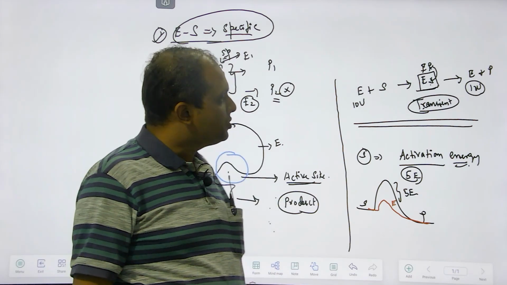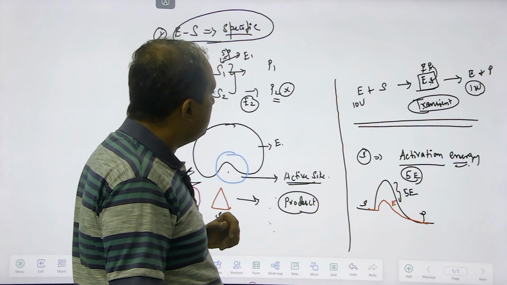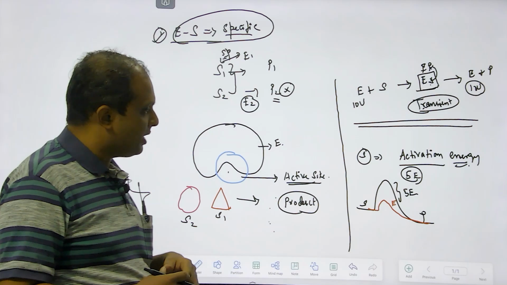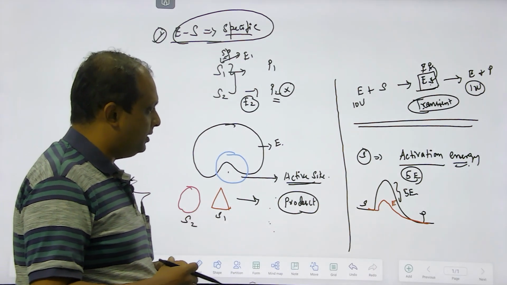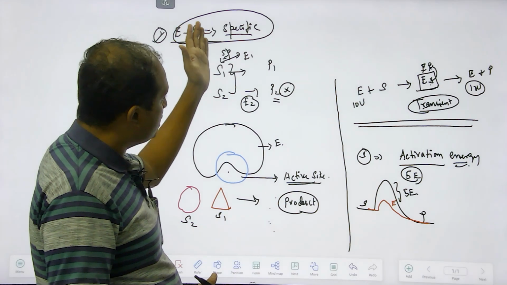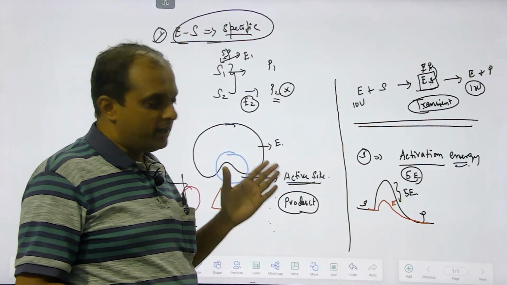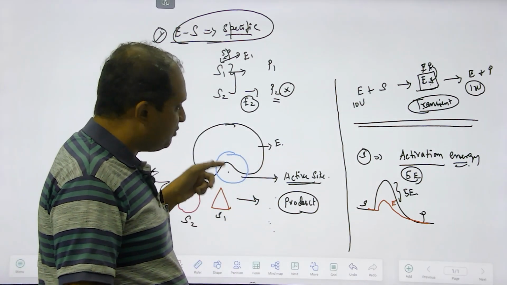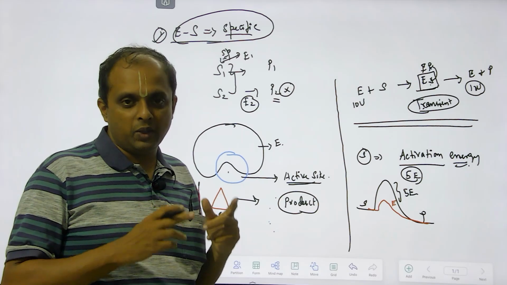So these are all the basic aspects of the enzyme. To summarize, the enzyme-substrate interaction is going to be specific, due to the conformation of the active site, which can accommodate only a particular substrate.